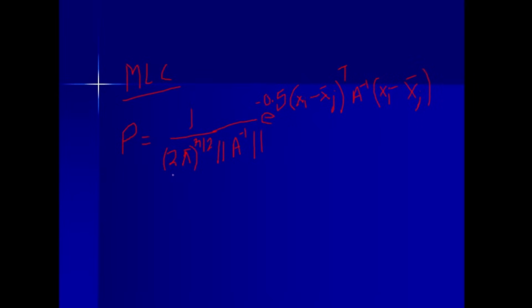About the variables: n is the number of bands, and A inverse is a weight matrix that has 3 norms. It can be the unit matrix, the variance covariance matrix, or the diagonal variance covariance matrix. Xi is the input pixel, and xj bar is the mean of the class.